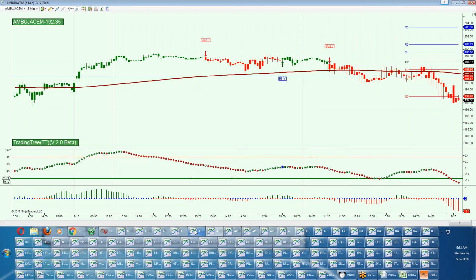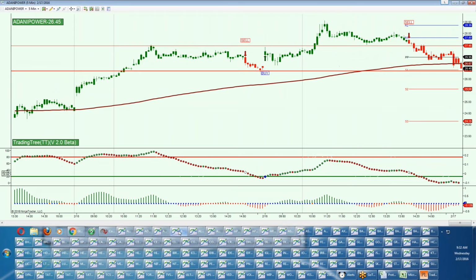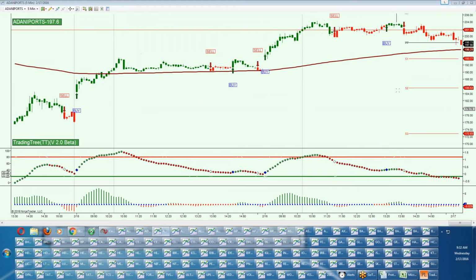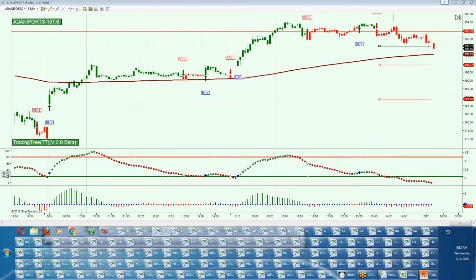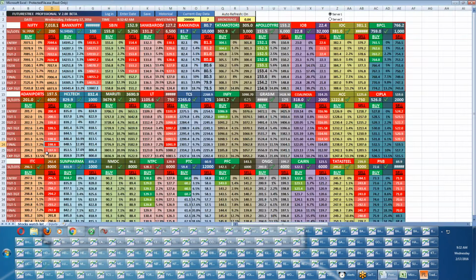So we can check what is the next levels for Adani Ports. So there's a possibility that it can make 196.50. So you can still stay in that trade, though it has done its final target here. So you can see another 1 rupee downside in this.